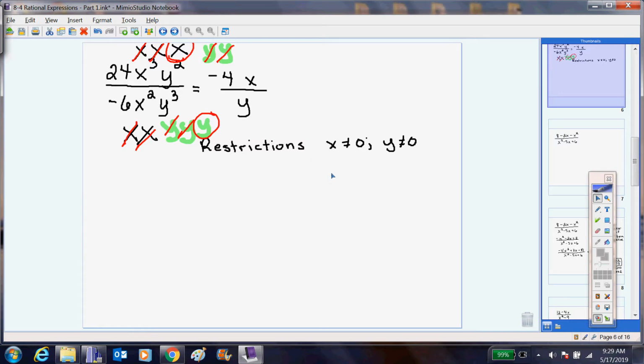Yep. So basically, considering x to the power of 3 and x to the power of 2, whichever one has more, that side gets the points, I guess you could say. Yep, absolutely. That's the easiest way to think about it. Wherever there are more x's, that's where the x ends up.